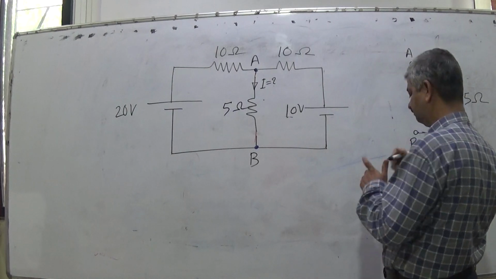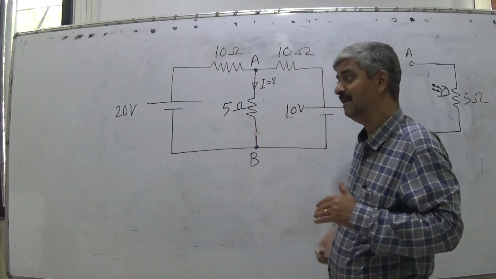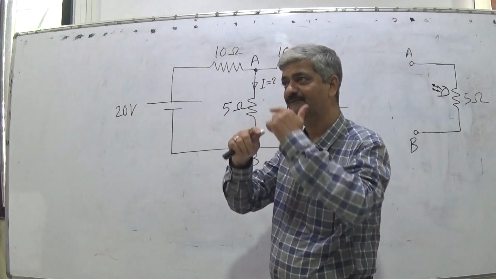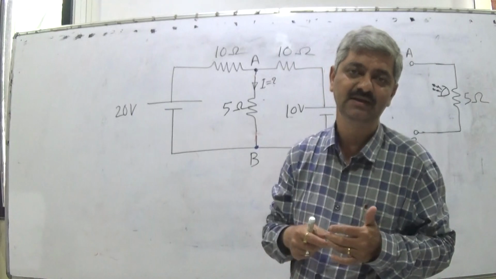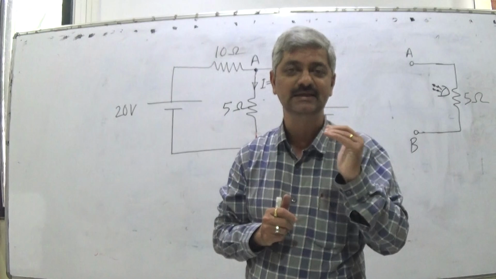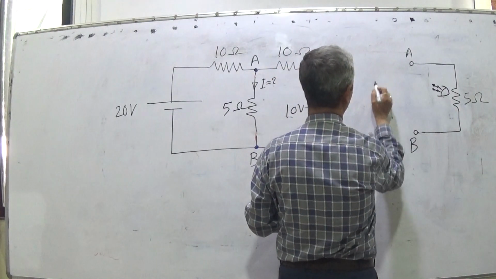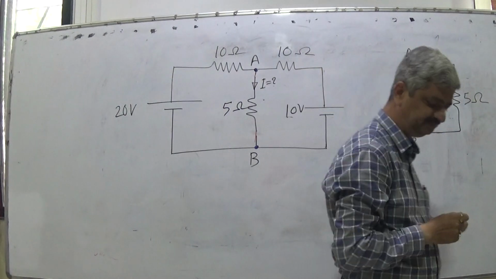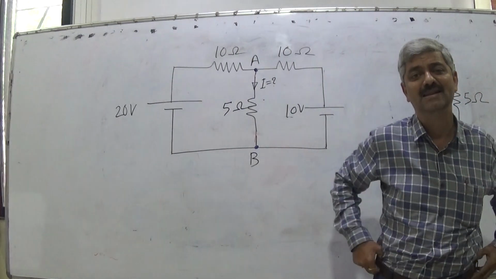What ultimately he looks at is that multiple voltage sources and multiple resistances are there, but effectively he looks at something equivalent. As told, the Thevenin's equivalent circuit should be both simple and compact.